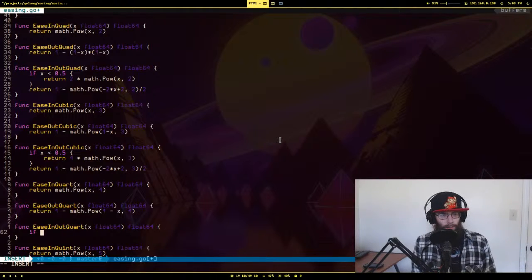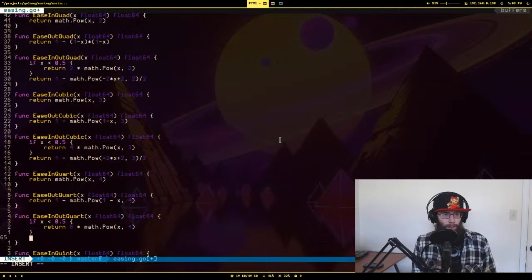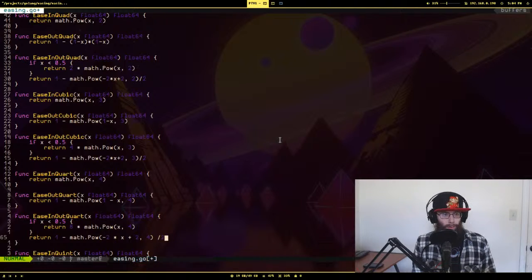If x less than 0.5, return 8, which is 8 times math.Pow x to the fourth. Otherwise, return 1 minus math.Pow negative 2 times x plus 2, fourth, divided by 2.